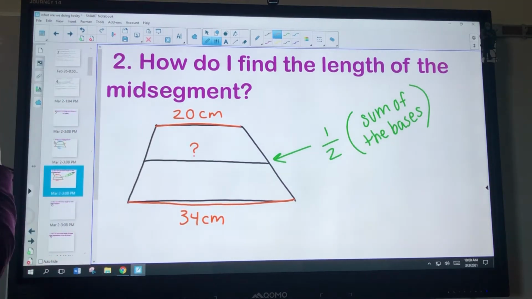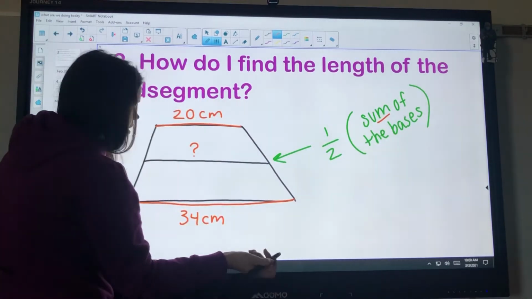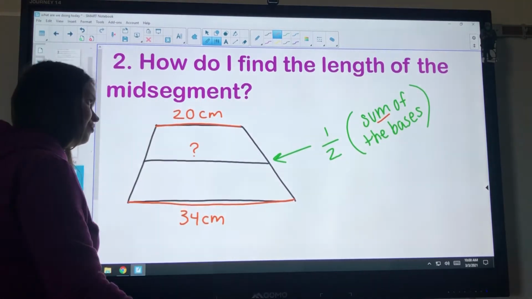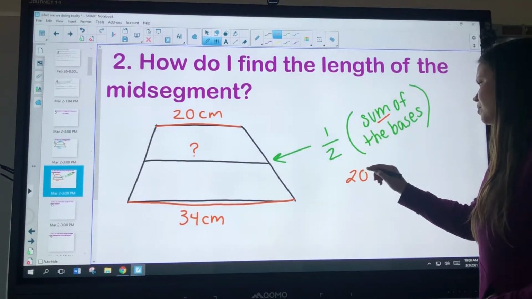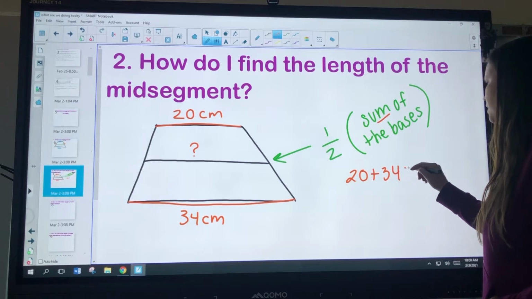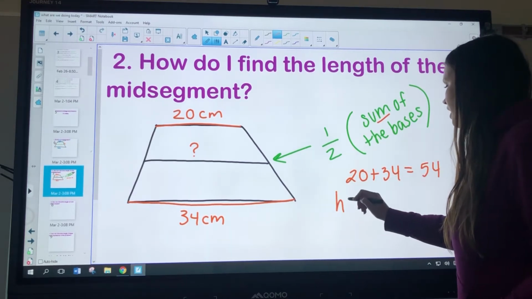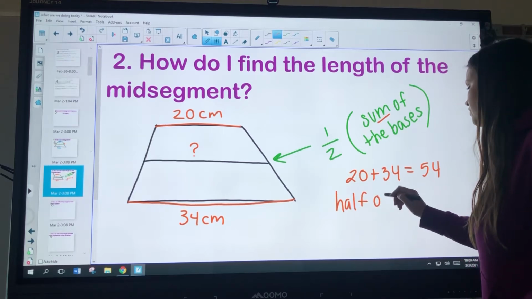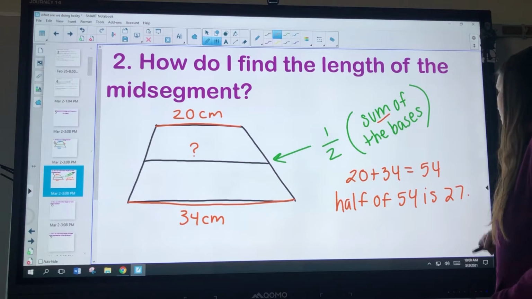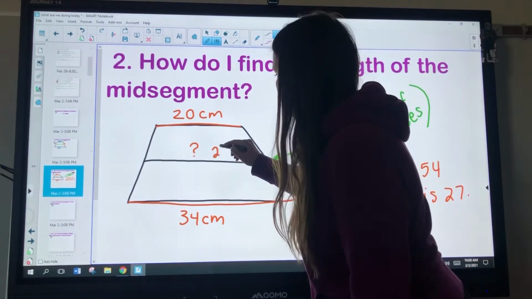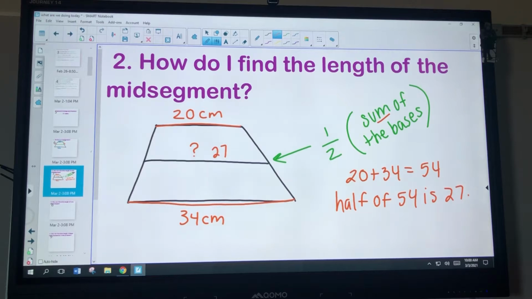You can find the length of that by adding the bases together and cutting your answer in half. 20 plus 34 is 54, and half of 54 is 27. That means the length of this is 27. It's just a rule, it's just a property, it's just a theorem.